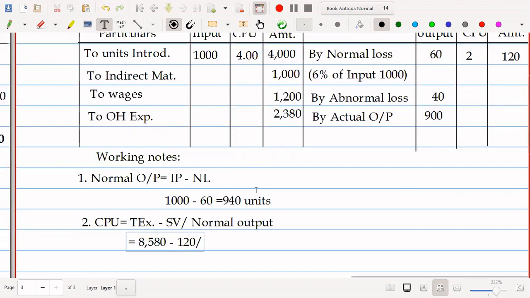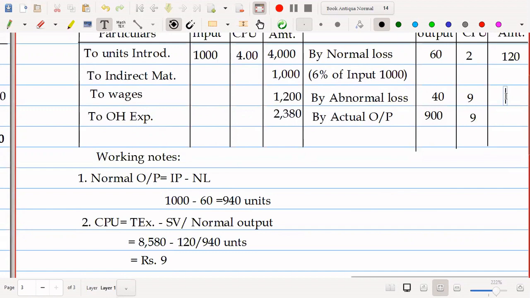Normal output there we have 940 units, and when we calculate this, it comes to rupees 9. Rupees 9. Okay, let's go back to the account. We'll make an entry here 9 rupees and here also 9 rupees.